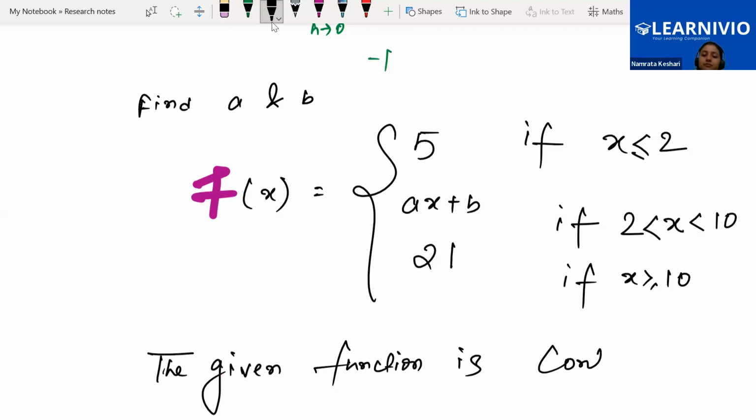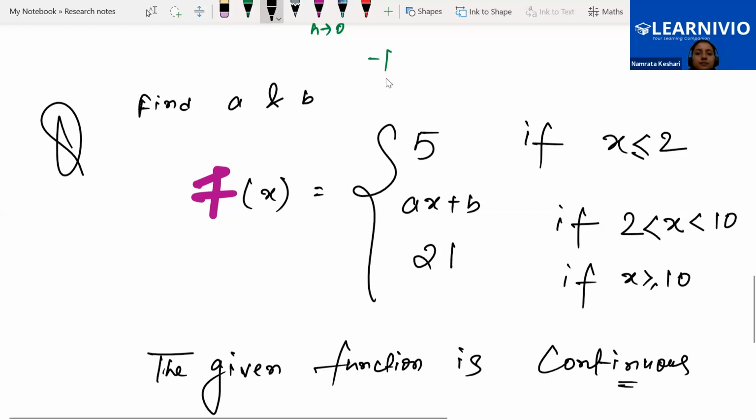A and b values we have to find, given that the function is continuous. Just that, nothing else.